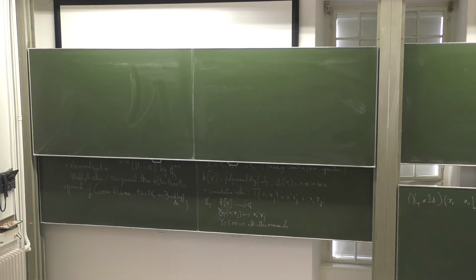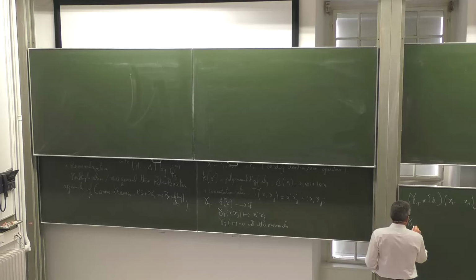So you select arbitrarily two elements, you remove them from the product, and then you multiply by the contraction. It follows directly from the definition of the coproduct.